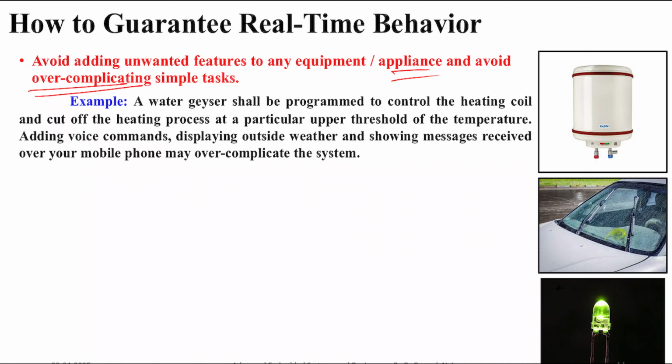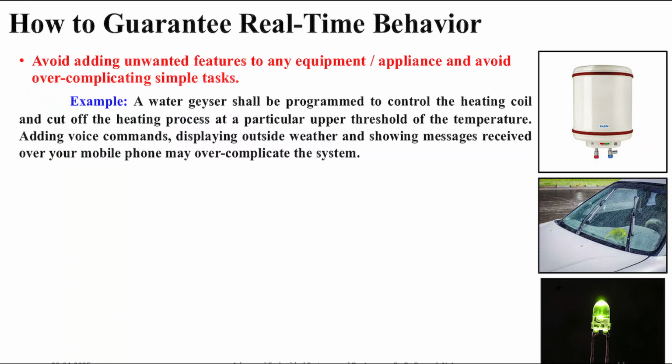For example, we have water geysers in our home. When we are going to take a bath, we can add so many features in a water geyser, but there are so many features which are totally unwanted. For example, adding voice command, or displaying the outside weather, or showing messages received on your mobile phone.